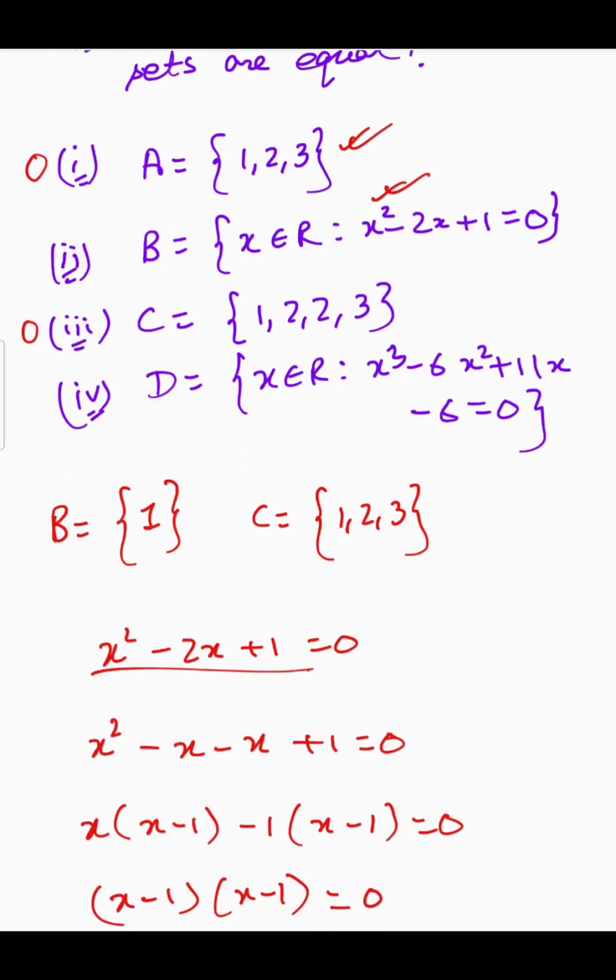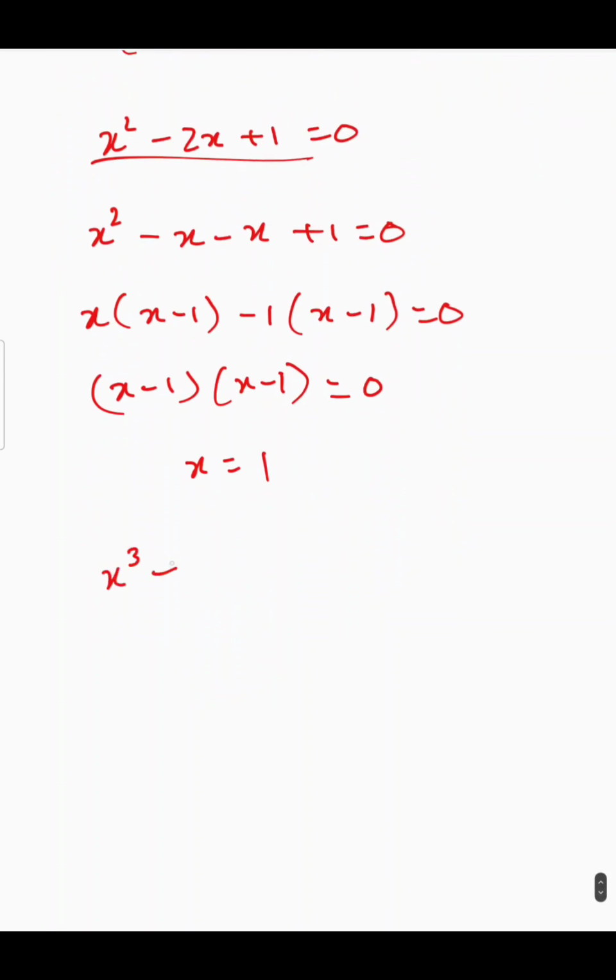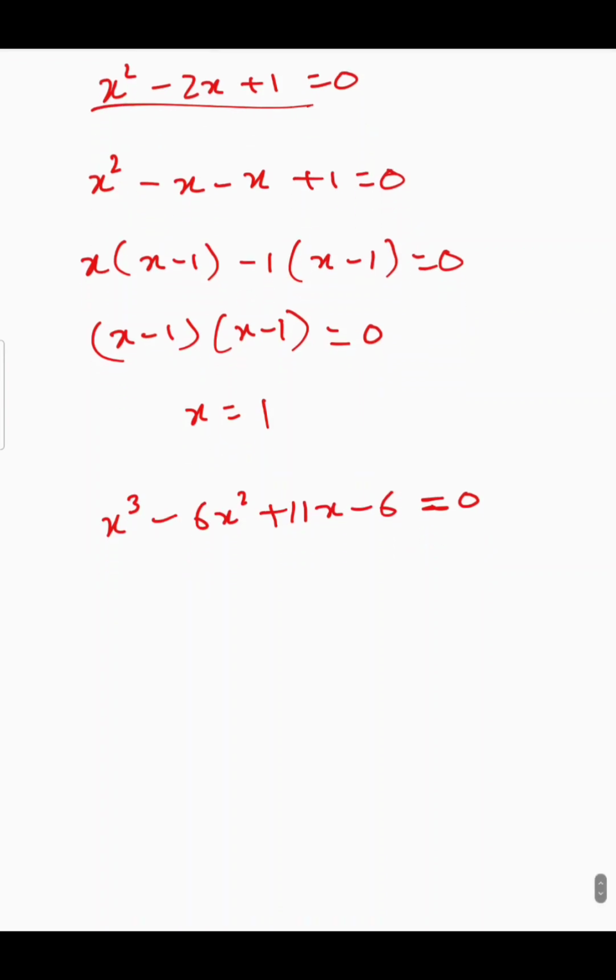Let's see about D. Let's check D. x cube minus 6x square plus 11x minus 6 is equal to 0.